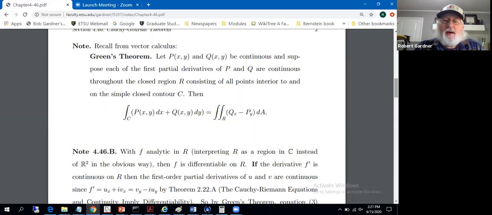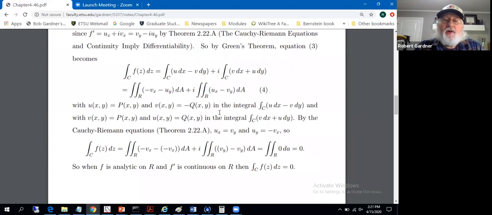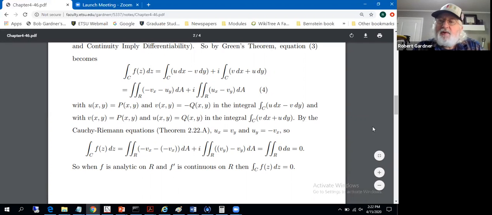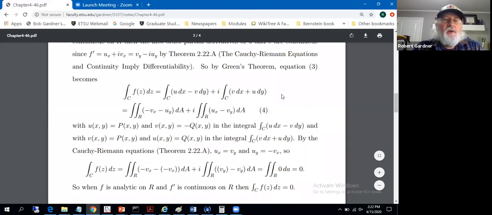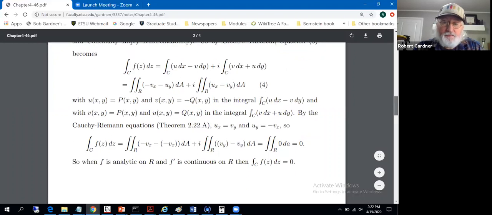For us, that was requiring that the u's and v's have continuous first partials. And f prime is written in terms of first partials of u's and v's a couple of different ways, as we saw right there at the top of the screen. So we've got continuity of these. That allows us to use Green's theorem.